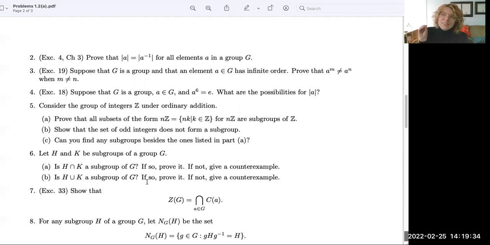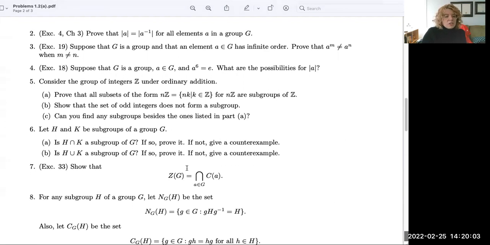It does not show that something is not a subgroup if it fails. So to show that the union is not a subgroup, you would want to show, for example, a counterexample. So a case where you had two subgroups of G whose union was not a subgroup of G.